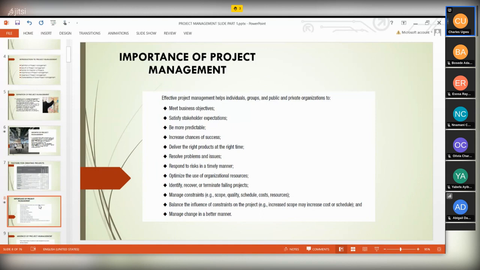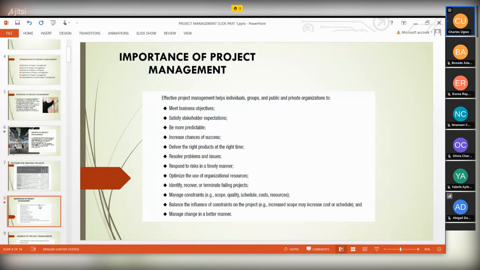Another one is optimize the use of organizational resources. I've just said that. Identify, recover, terminate failing projects. That's why agile methodology in project management is very good. It's not very stiff.